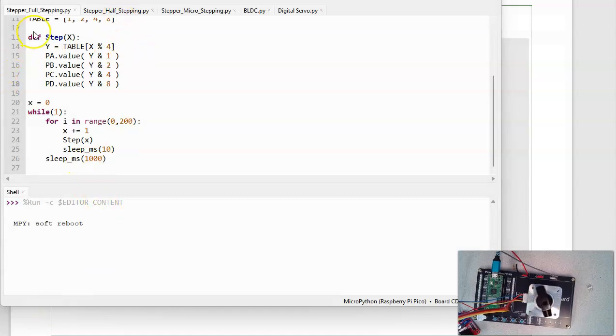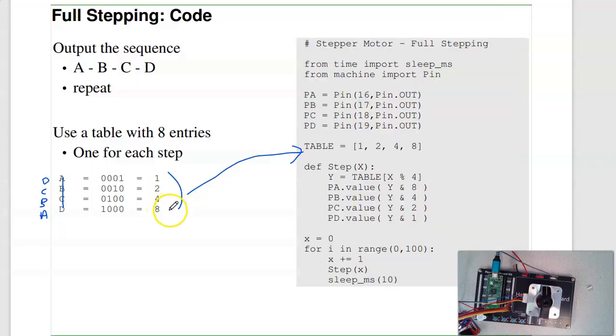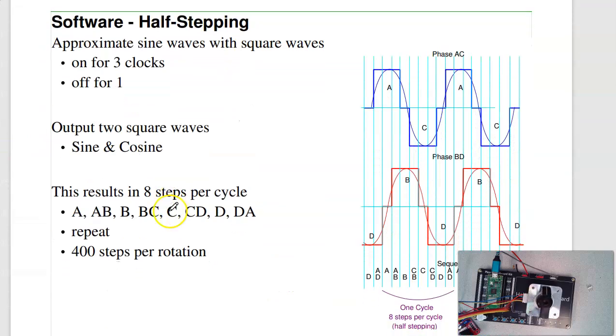There is a thing called half stepping. With half stepping, I do a slightly different approximation to a sine wave. I turn on channel A for 3 counts, off, C for 3 counts, off, A for 3 counts, off. By doing so, I wind up with 8 steps per cycle.